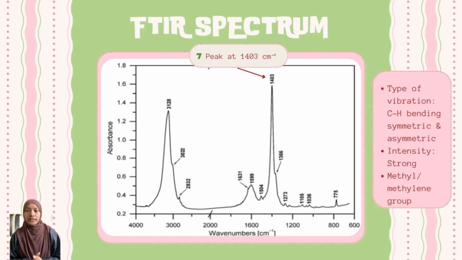The most intense peak appears at 1403 per centimeter. This is assigned to symmetric and asymmetric CH bending. It is classified as strong because this vibration causes a relatively large change in dipole moment, allowing efficient absorption of infrared radiation. This is one of the characteristic peaks of berberine.